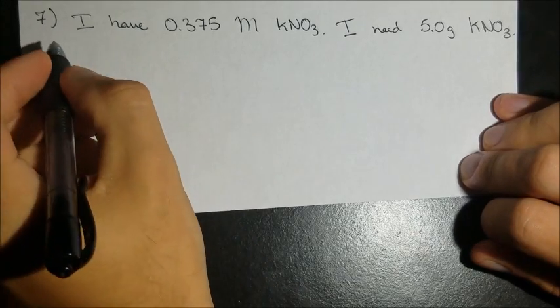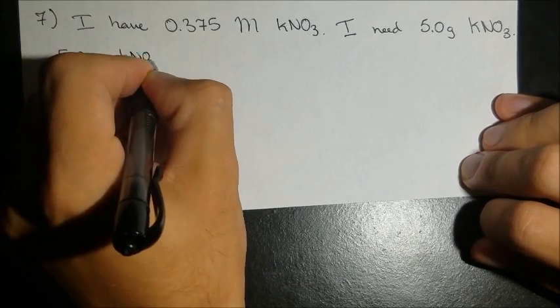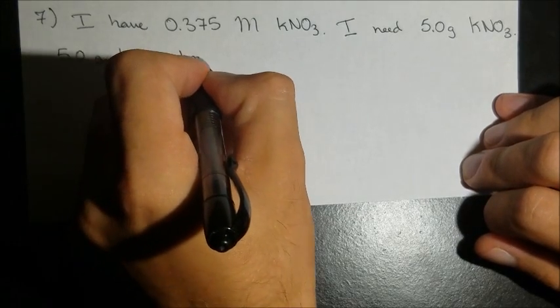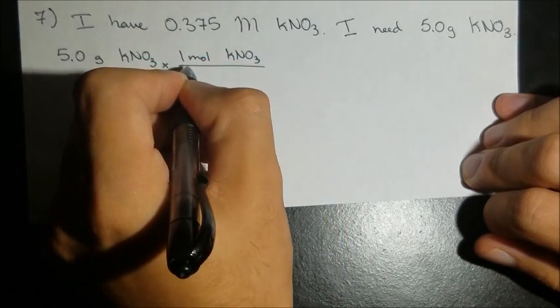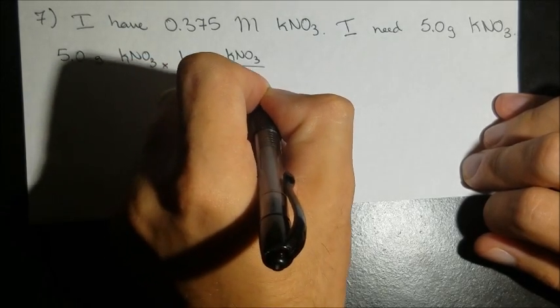So let's do that. We have 5.0 grams of potassium nitrate, and let's convert that into moles. 1 mole of potassium nitrate is 101.1 grams of potassium nitrate.